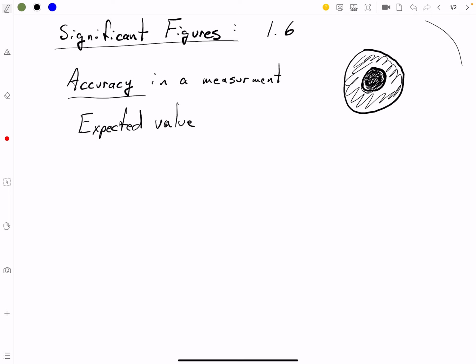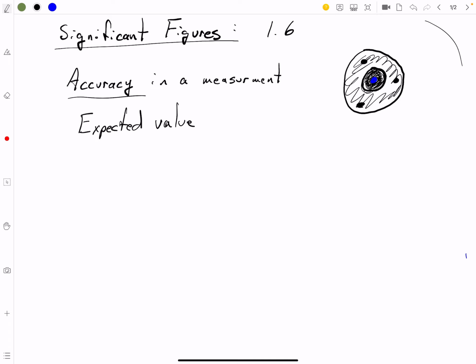So let's say I have this data point, and we'll do in blue this data point, which is just right on, and this data point here. I'm pretty accurate, frankly, because on average, I'm right in the heart of it, okay? So my expected value and my accuracy is done well, okay?